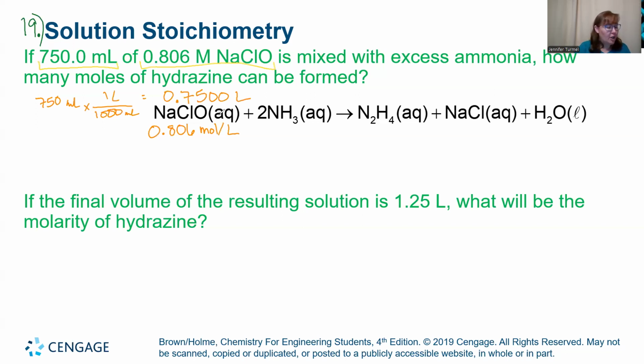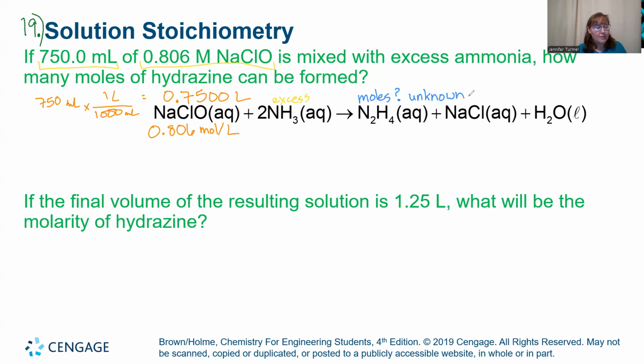And they tell us that we have excess ammonia, so I can put that in there so that we know that we're ignoring it. And then it asks how many moles of hydrazine. This is our unknown.